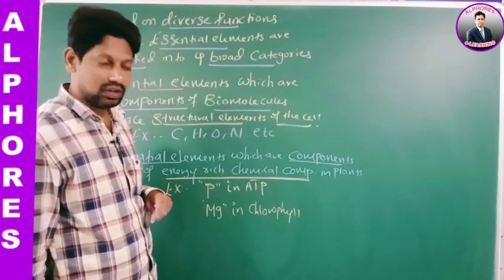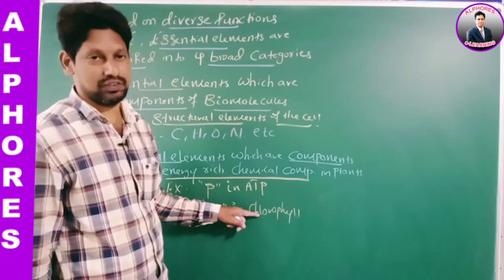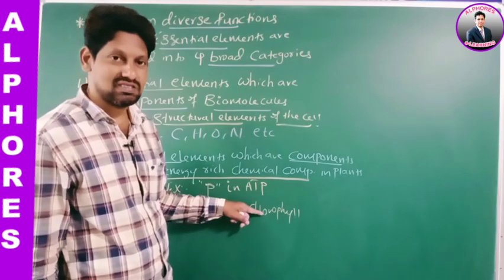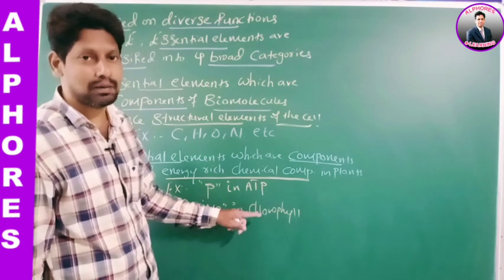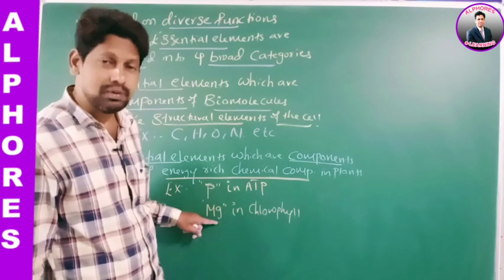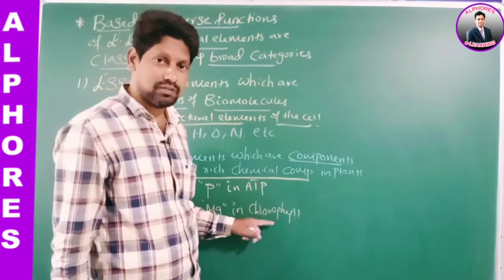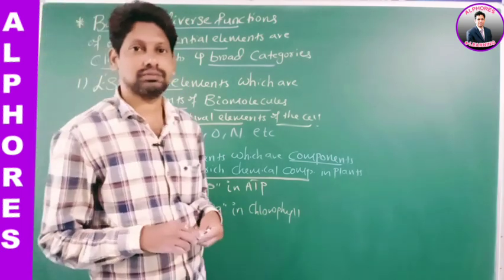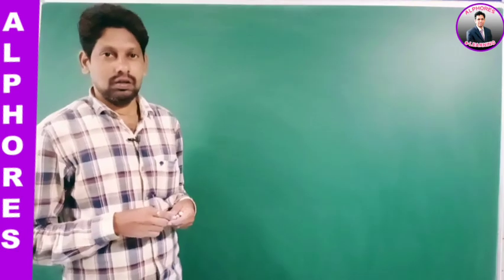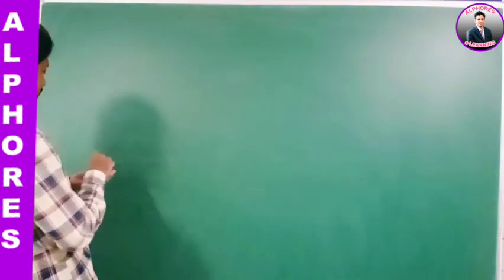Is it okay? Therefore, magnesium in chlorophyll. That magnesium, which is present as the central metal atom of chlorophyll, comes under this group. Is it okay? Right? Go for the next group.